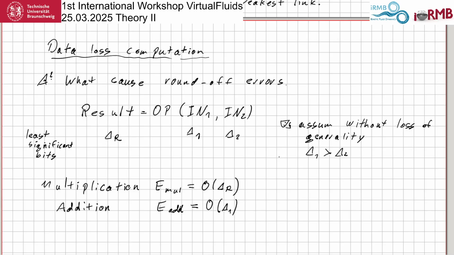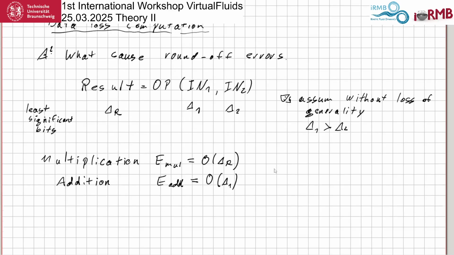So the problem being, if you have numbers of different size, which we identified we have, and you add them together, your round-off error is defined by the larger number. Yeah, so the smaller numbers disappear. So we usually say that multiplication is safe, relatively speaking.